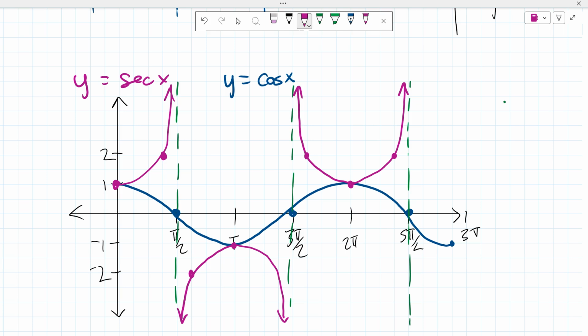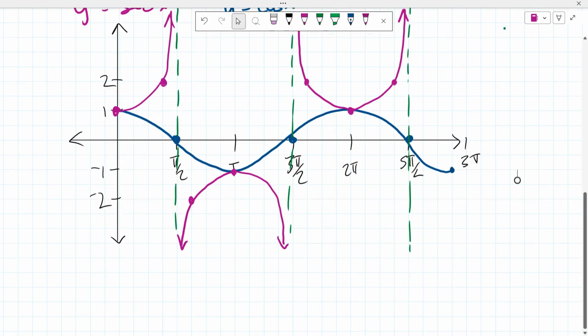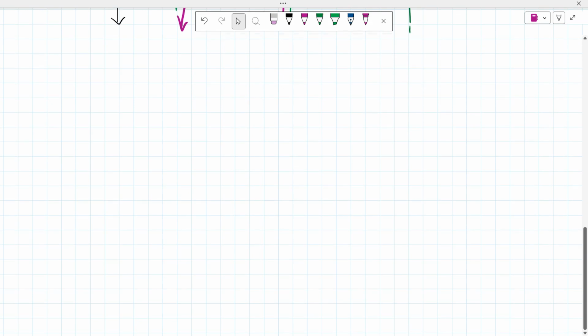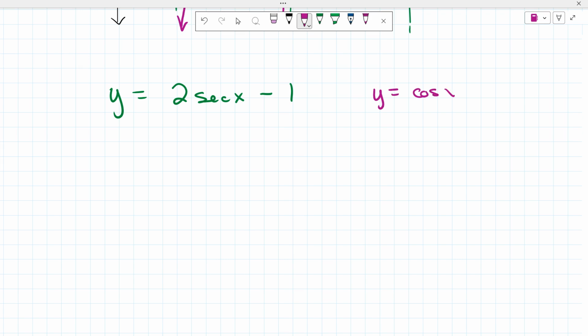All right. So that's fairly easy. Graph parabolas from the cosine curve or from the sine curve. Now, where it gets a little more complicated is when I have something like this. y equals 2 secant of x minus 1. So how am I going to graph y equals 2 secant of x minus 1? Well, I'm going to graph y equals cosine of x.